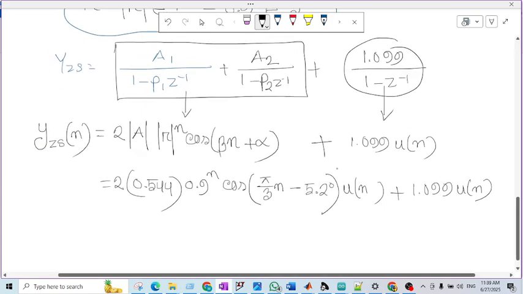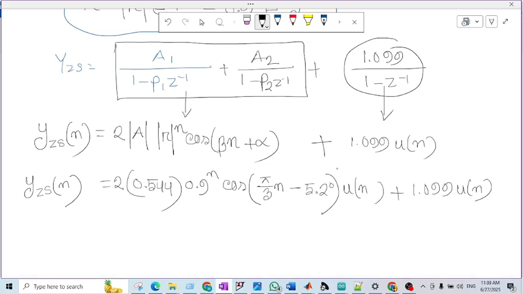And this is my zero state solution. So this is my zero state response.